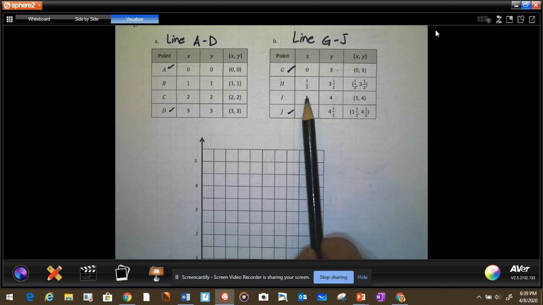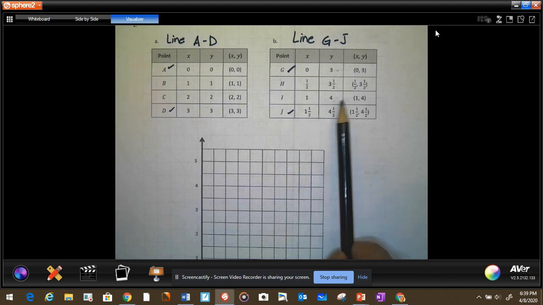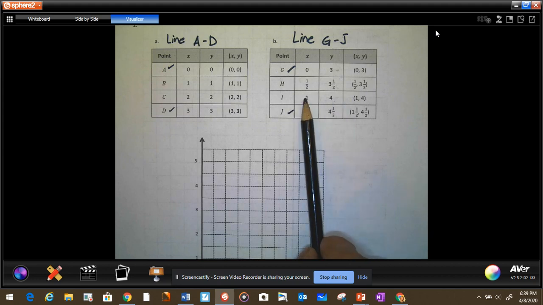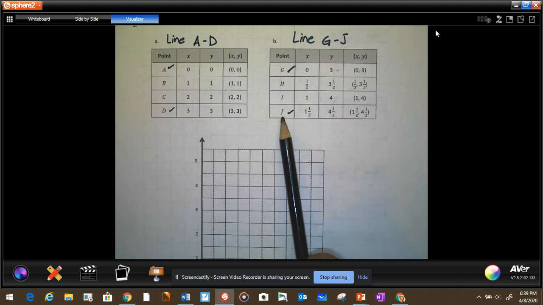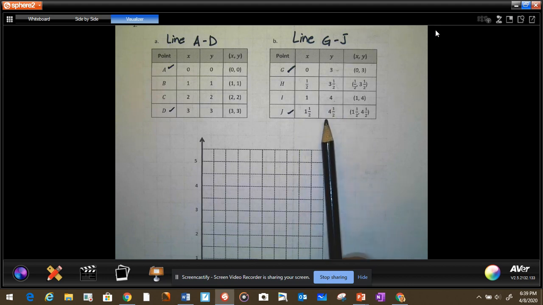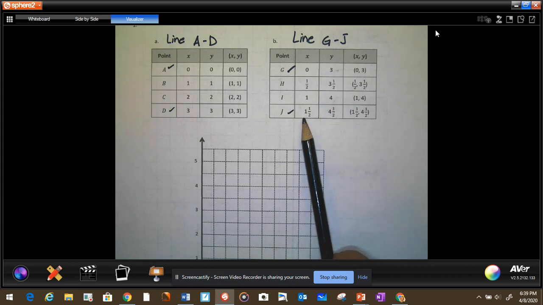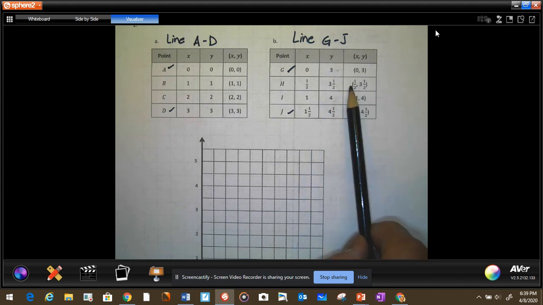When x is 1, y is 4, so y is 3 more than x. And when x is 1 and 1 half, y is 4 and 1 half. So that means that y is 3 more than x. And we have the coordinate pairs right here.